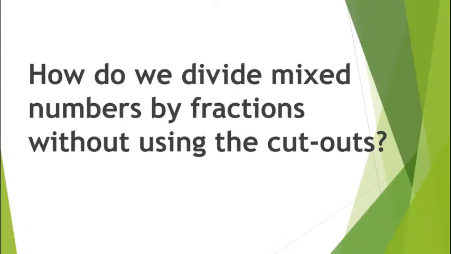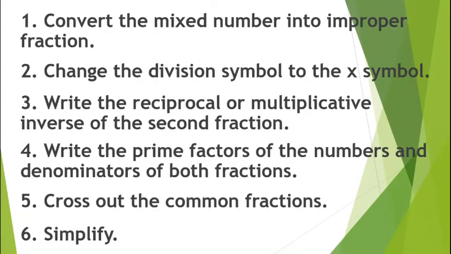How do we divide mixed numbers by fractions without using any cutouts or the pie? This would be the important thing to do when we are dividing a mixed number by a fraction. First, convert the mixed number into an improper fraction.